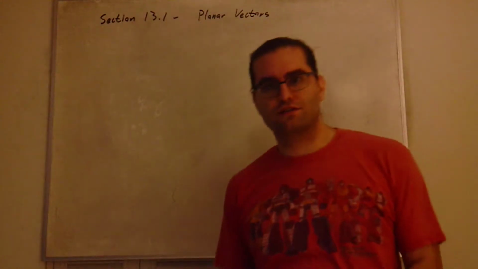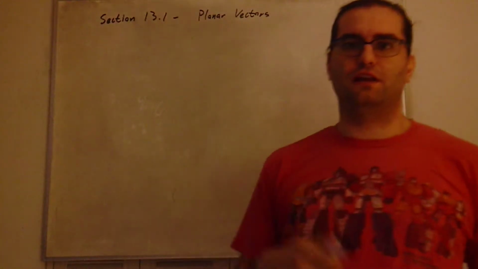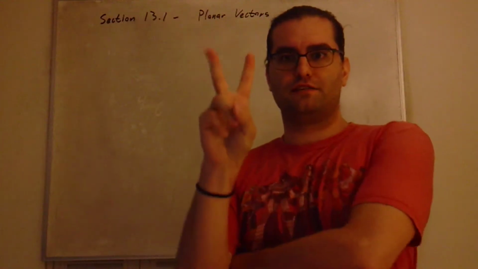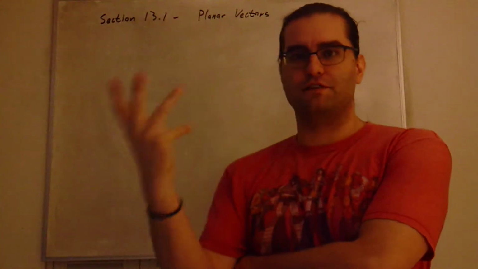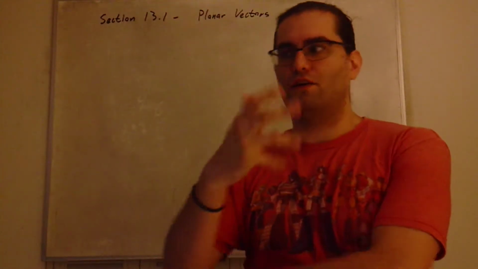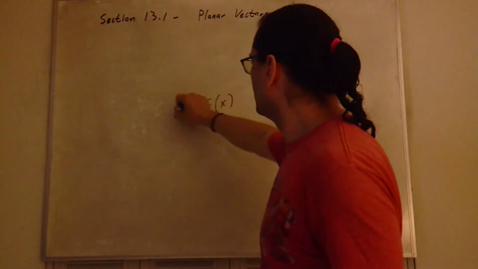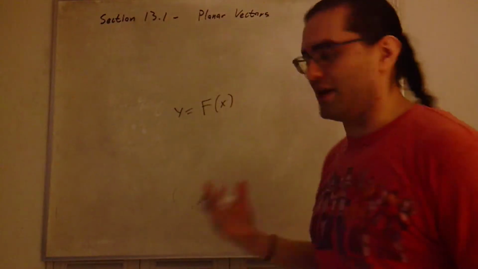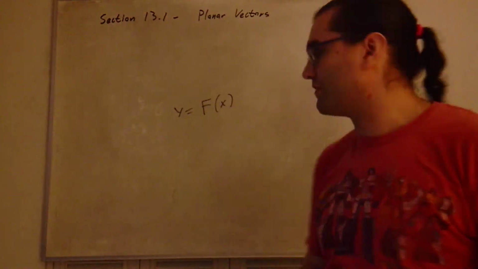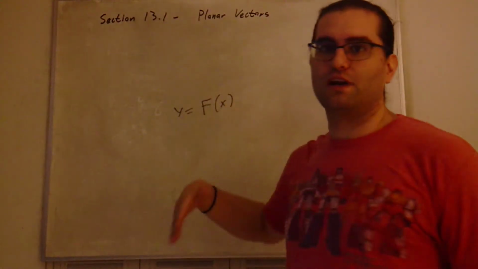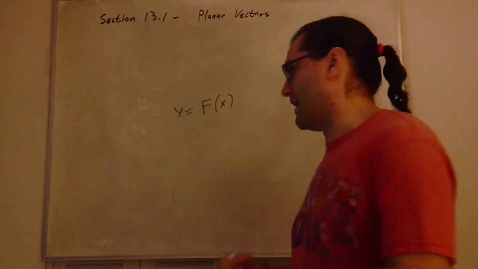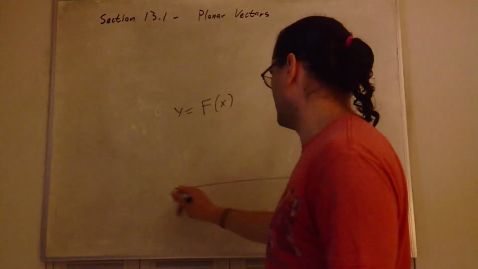All of the calculus that we've done so far has been in two variables, x and y. And so we have these functions. They always end up looking like this: y equals some function of x. And in these functions you have x as your independent variable. That can be anything you want it to be.